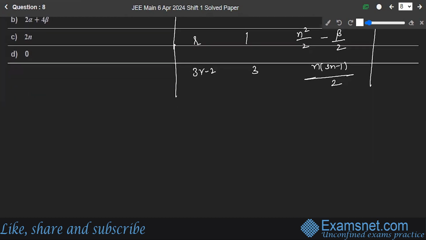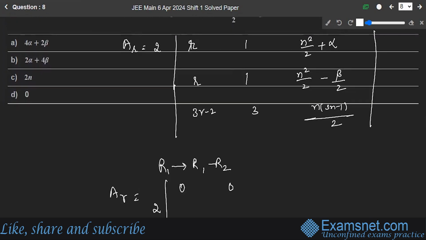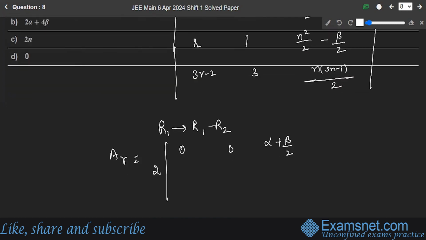Let's do some operations. Let's say transforming R1 to R1 minus R2. You will have AR is equal to twice of, this will be 0, this will be 0, and here n squared by 2 will cancel, and you will have alpha plus beta upon 2. And the second and third rows will remain unchanged.